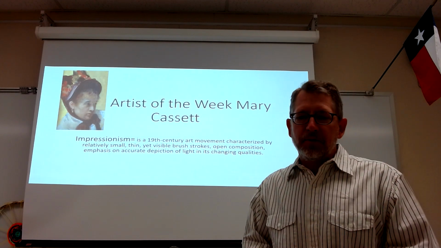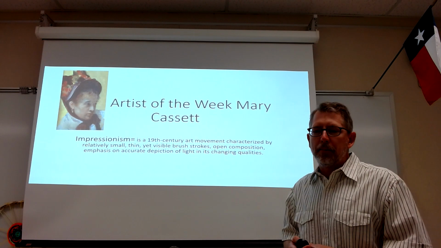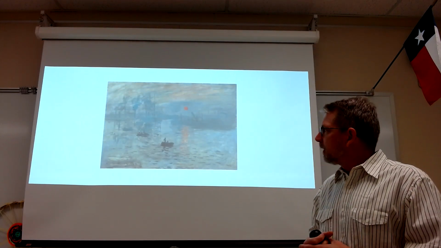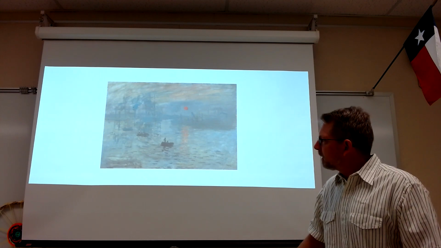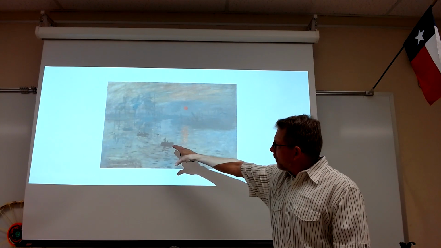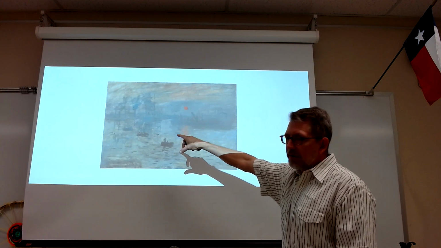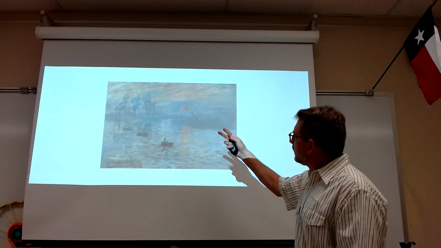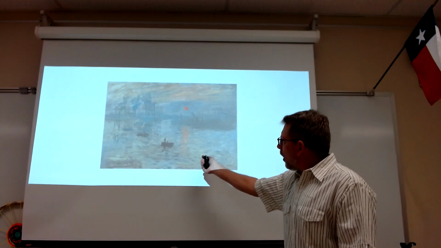Okay, so let's look at our first Impressionism painting here. This is by the artist Monet, and you can see that it is obviously somebody riding on a boat, and then there's what looks like ships in the background. You can see the sun is setting, so you can see all the brush strokes.